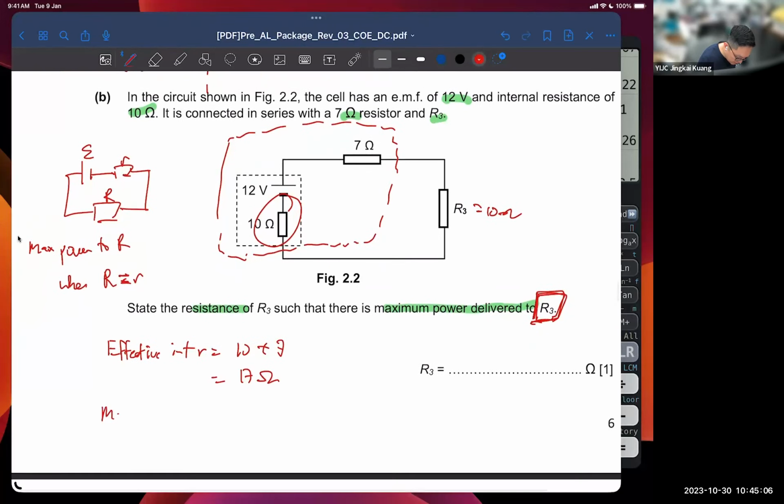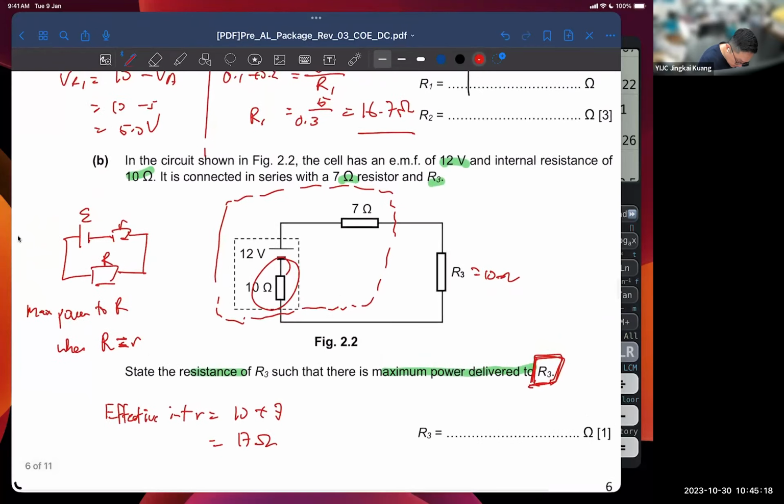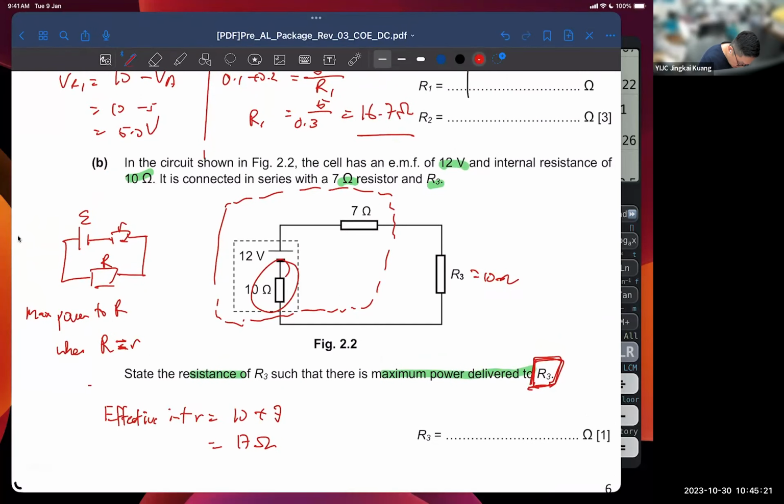Okay, so to have max power across, let's write. So to consider max power by R3, we treat 7 ohms as part of internal resistance.